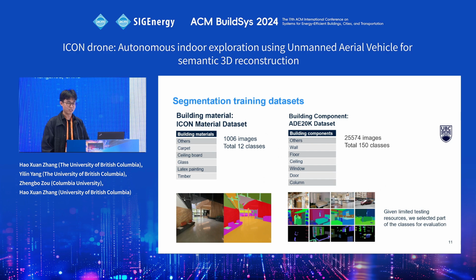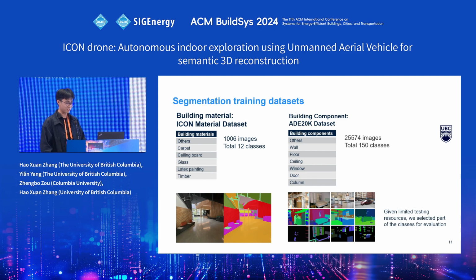To train AI models for segmentation, we'll be using some datasets, apparently. For building materials, we collected our own dataset, which is about 1,000 images with 12 classes. For building components, we use a large public dataset called ADE20K, which has over 20,000 images with 150 classes.